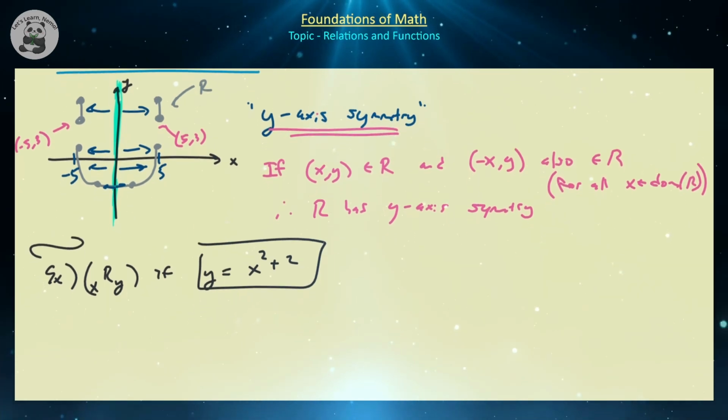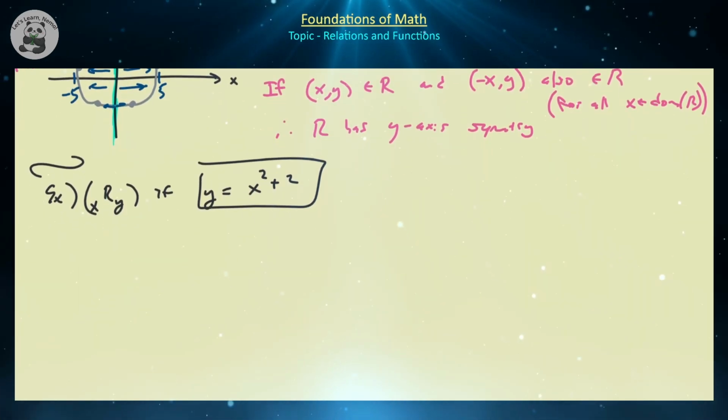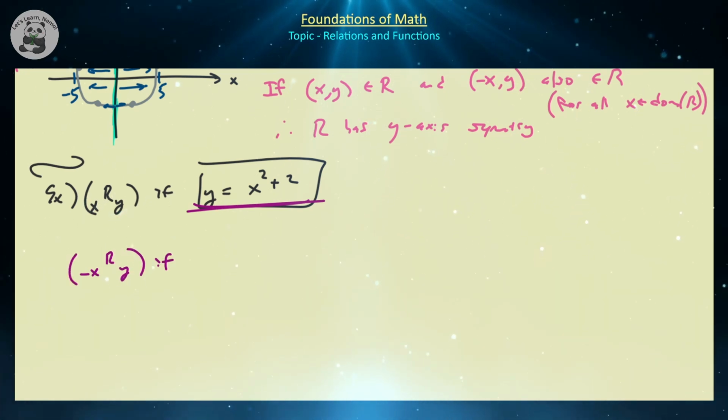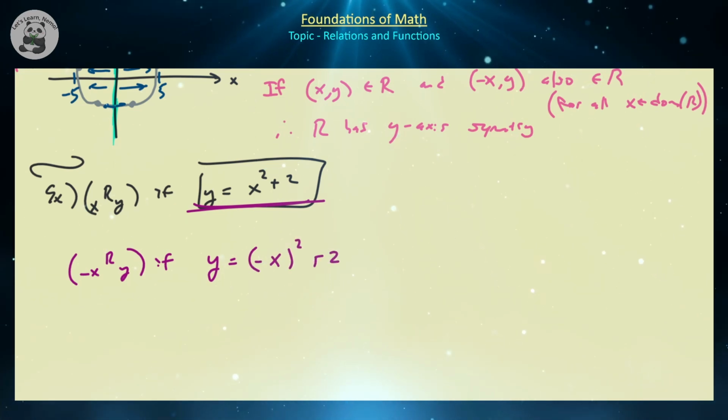Does this relation, and let's assume that we're not going to go about it in the graphical way, have y-axis symmetry? Clearly, the set of points x, y satisfy this particular graph. So let's consider the point that is associated to minus x, y. So minus x is related to y if and only if y is equal to minus x squared plus 2.